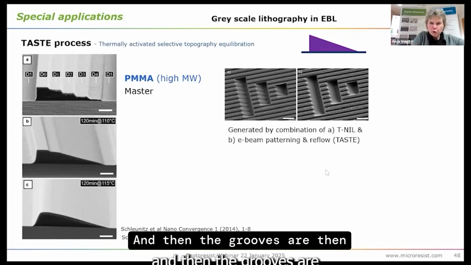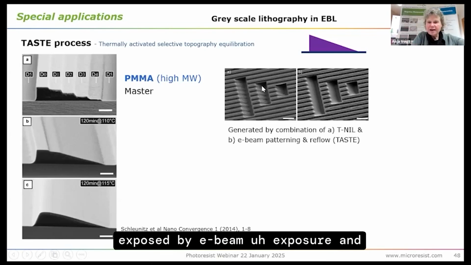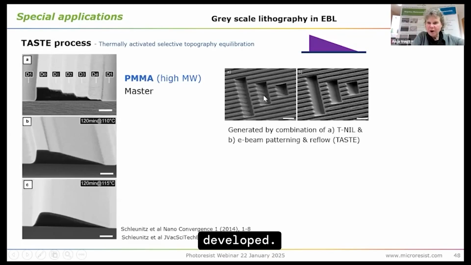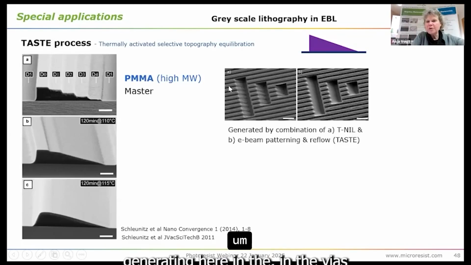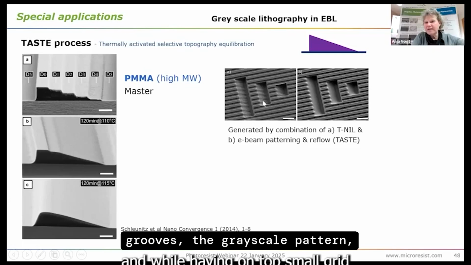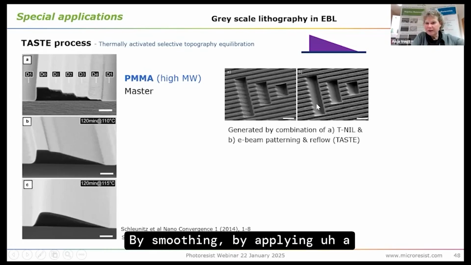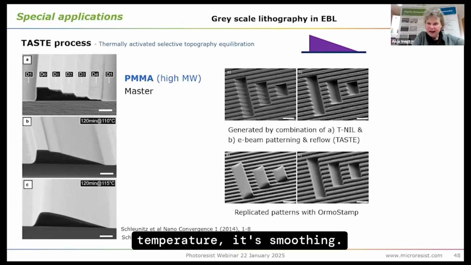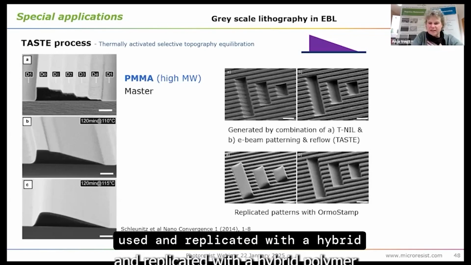Then the grooves are exposed by E-beam exposure and developed, generating in the wires and the grooves the grayscale pattern while having the small grid on top. By applying a temperature, it's smoothened. This generated master is then replicated with a hybrid polymer to have a more stable master.